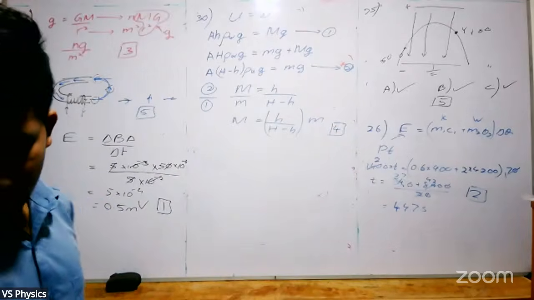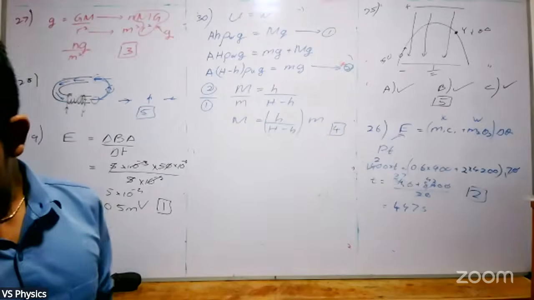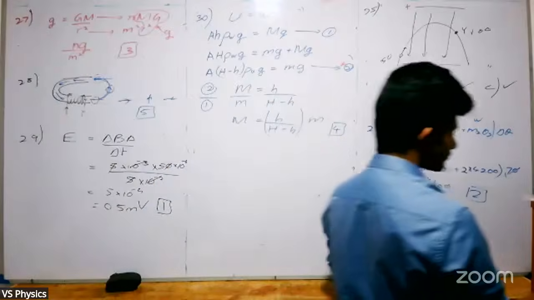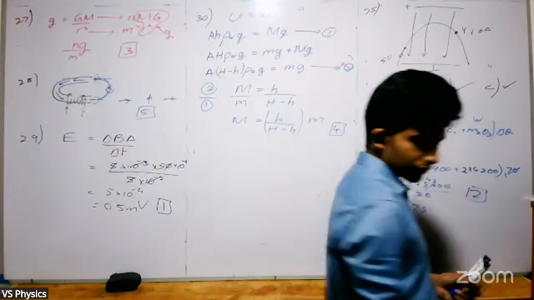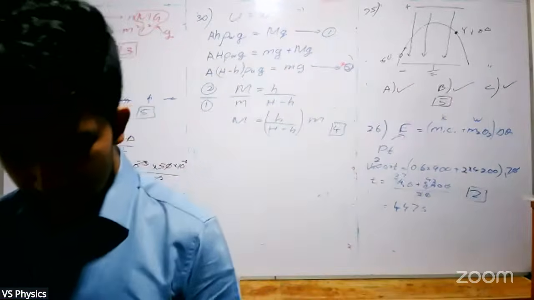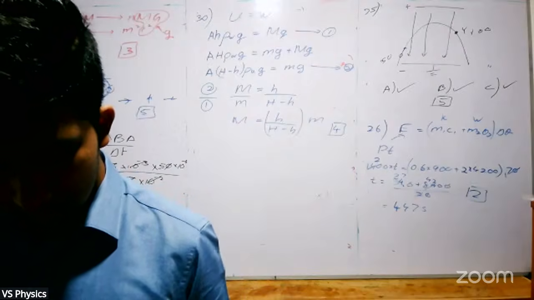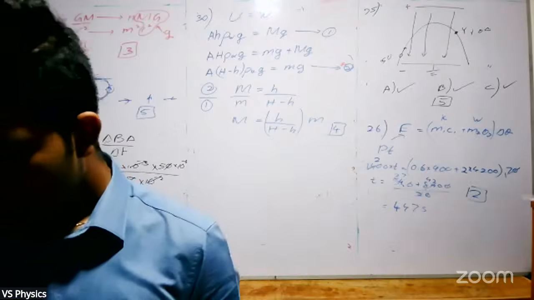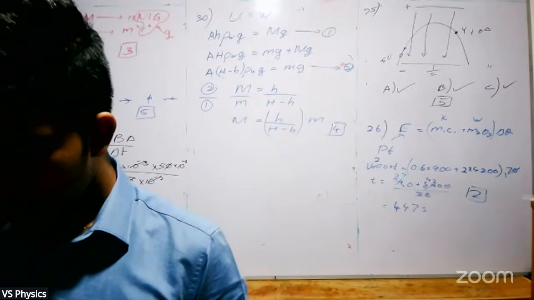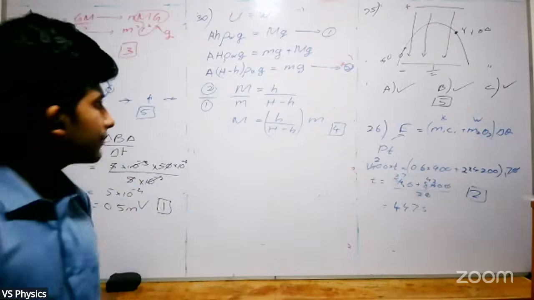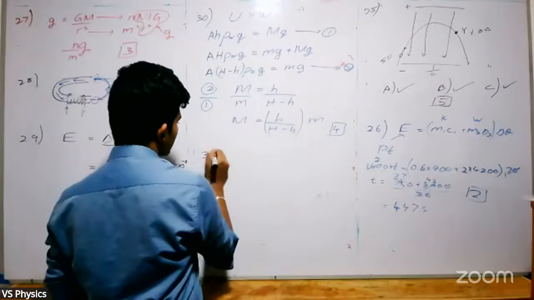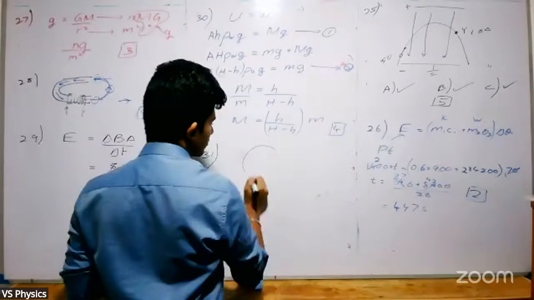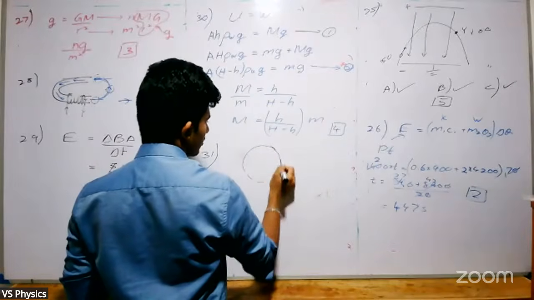Then 31. A smooth small hole is... I can remember the story.